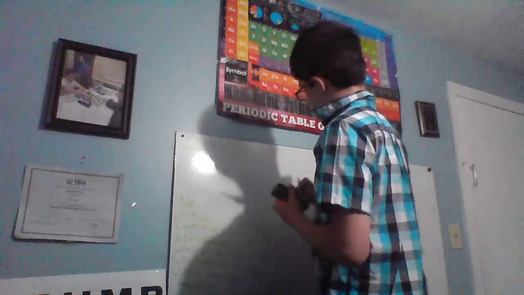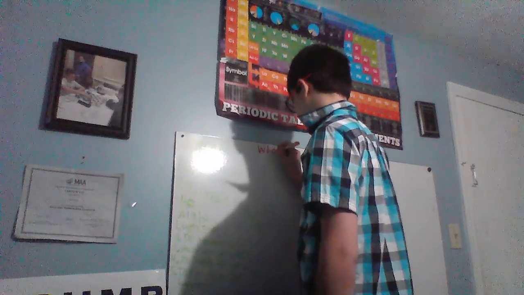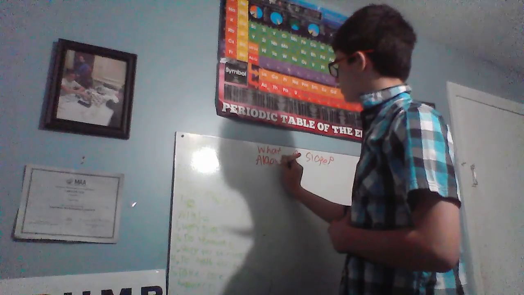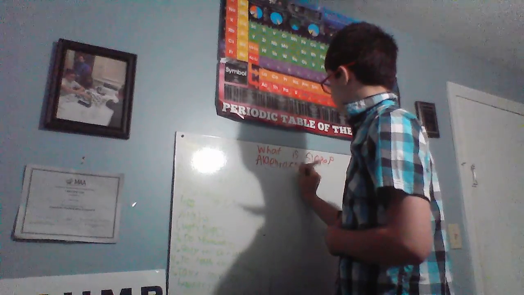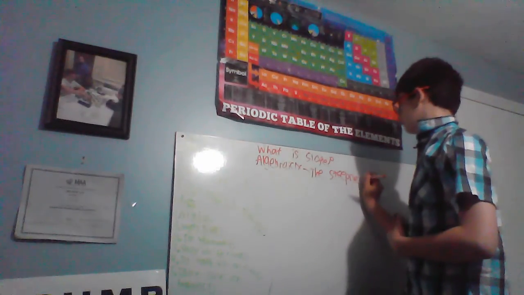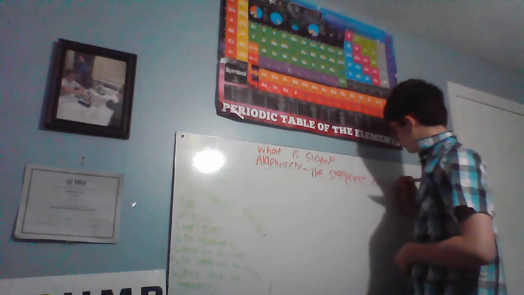So let's remind ourselves of what is slope. We can define it algebraically, and we can define it geometrically. So if you ask the question algebraically, it is the steepness of a line.